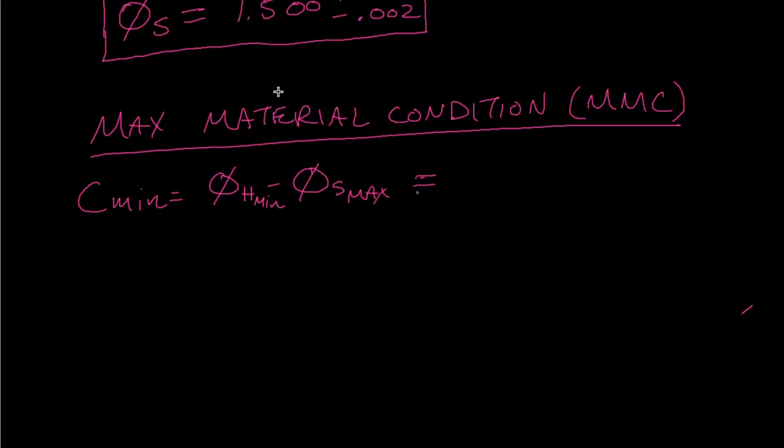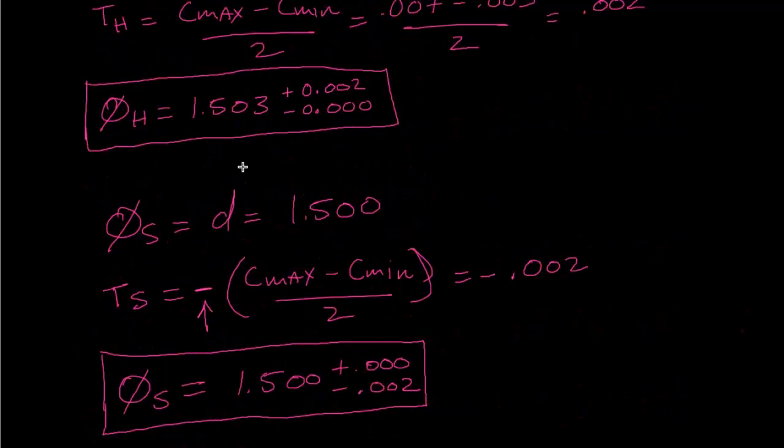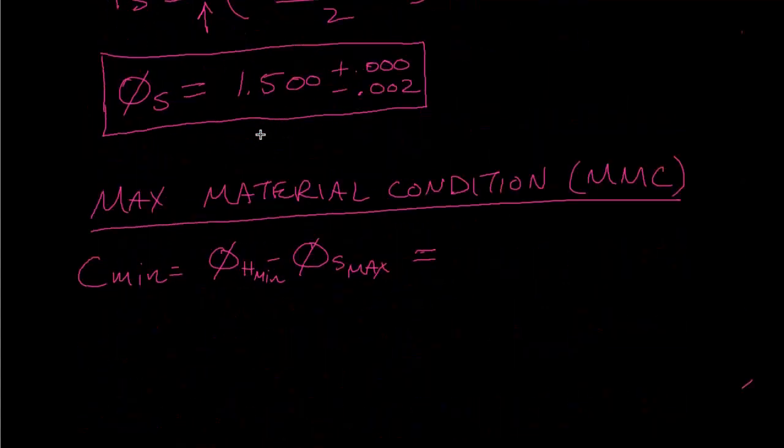And so if we look up here, the smallest hole that we've calculated is 1.503, and the largest shaft size is 1.5. So that is in fact 3 thou. So excellent.